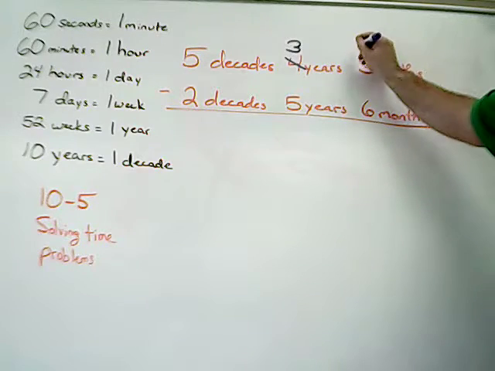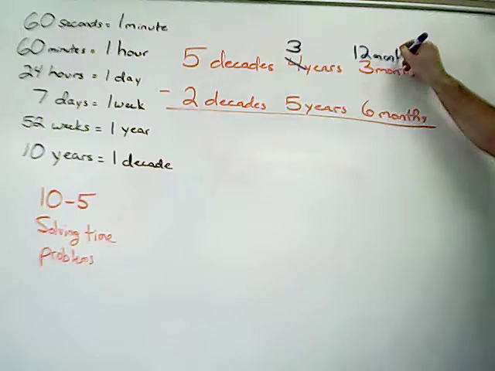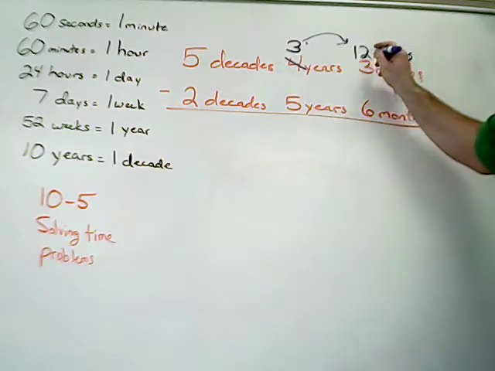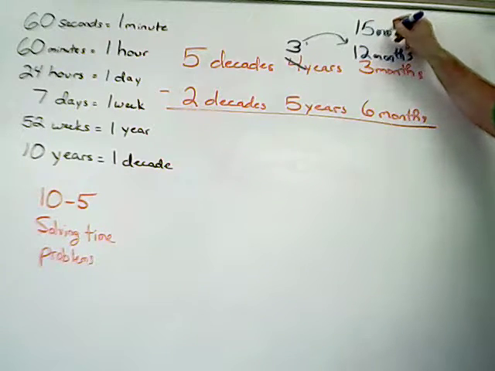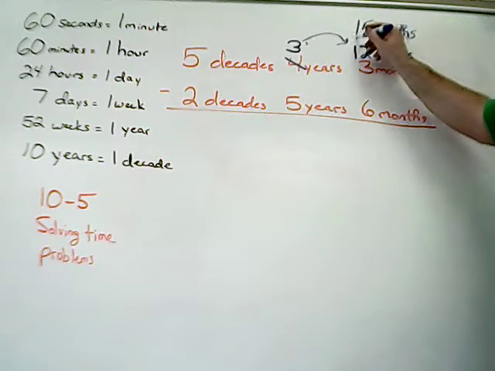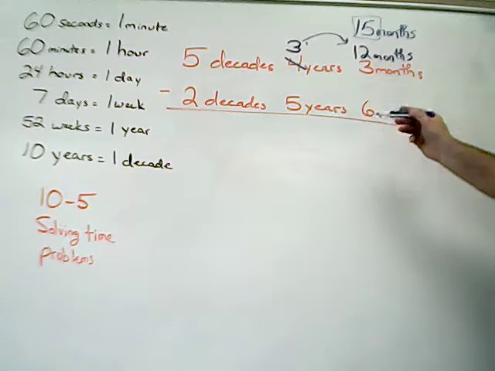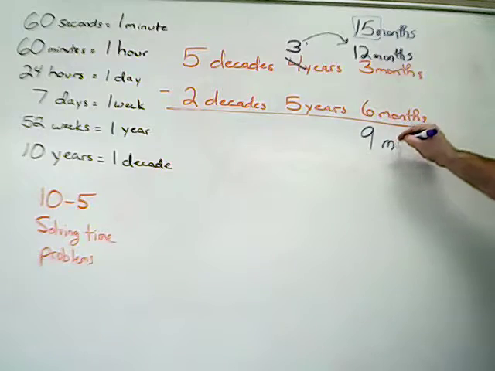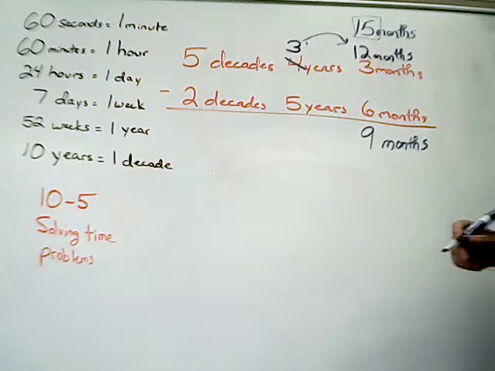So, 12 months plus 3 months, I actually have 15 months now. And now I can do my subtraction. 15 minus 6 equals 9. So I know I have, in my answer, 9 months.